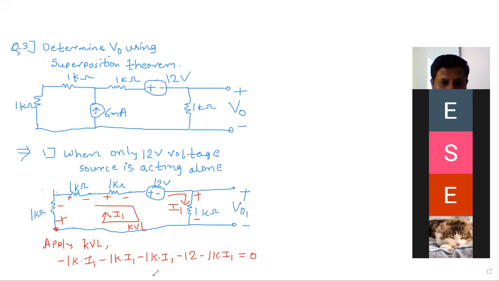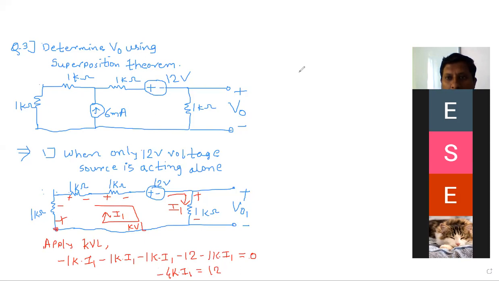So here you can solve. Minus 1k into I1 minus 1k into I1 minus 1k into I1 minus 1k into I1. That total gives minus 4k into I1, and minus 12 goes to the right hand side, becomes plus 12.